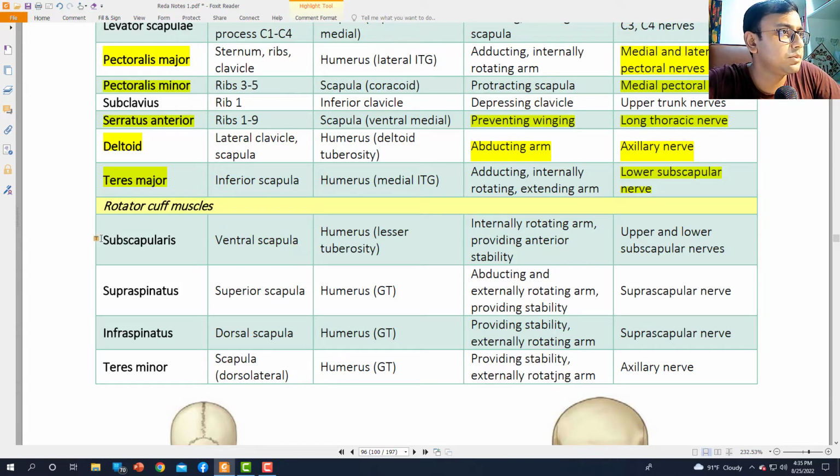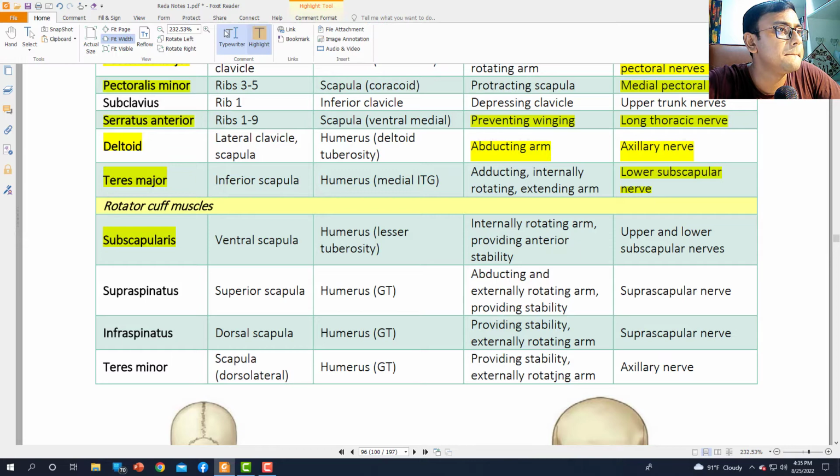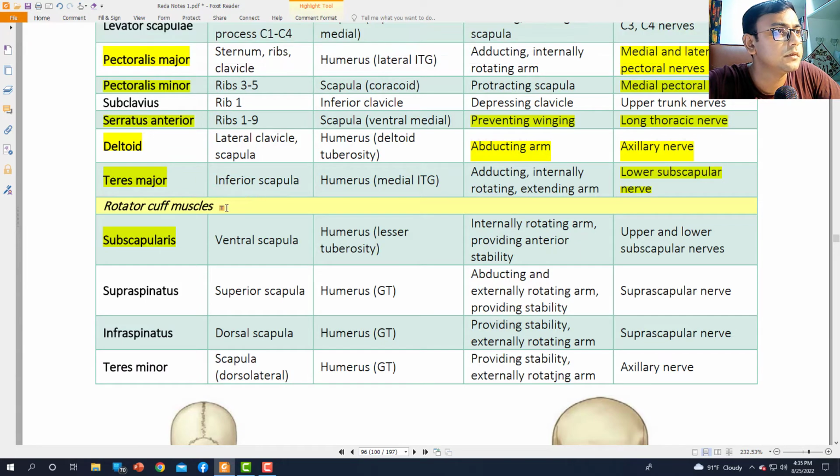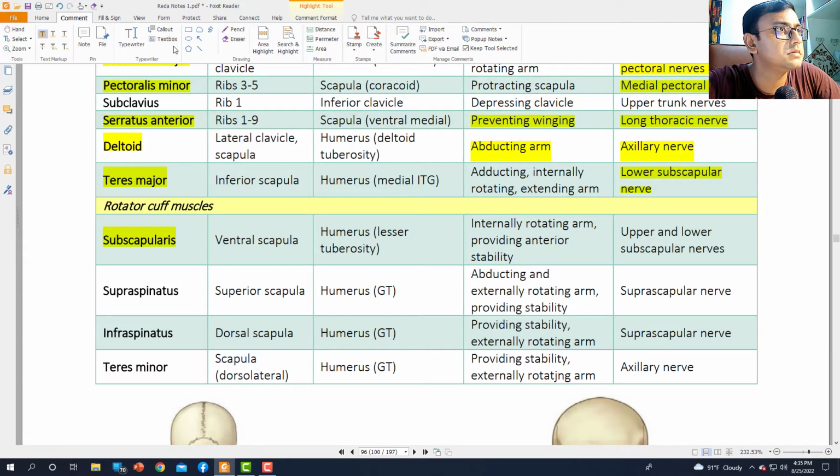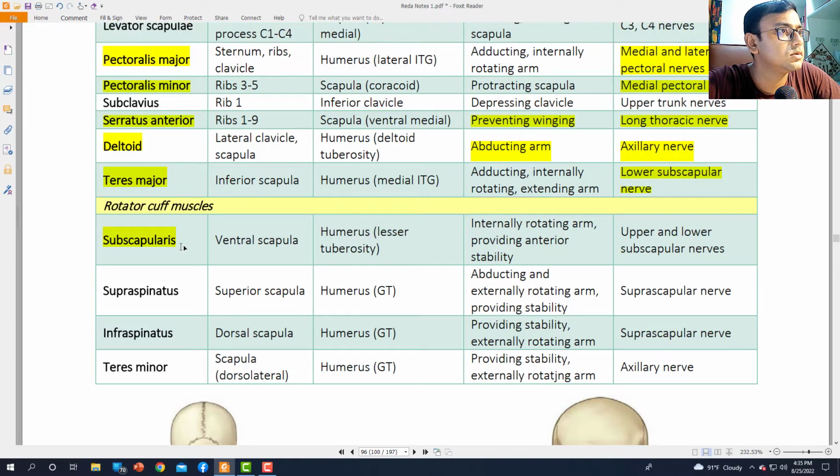That is subscapularis. Okay, subscapularis. Very, very important for the MRCS exam.